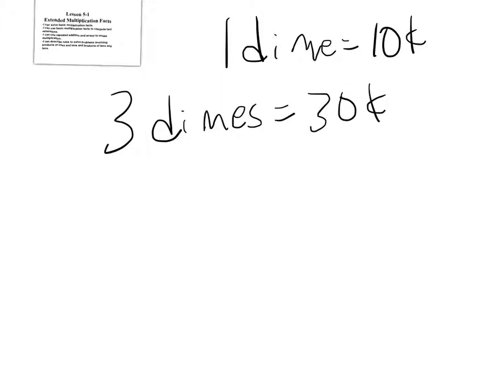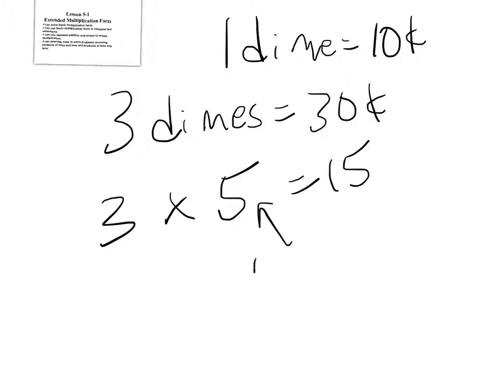So if you had 5 dimes, so say you had 3 times 5 dimes, what would that equal? Would it equal 15? Well, no, because 5 dimes is really 50. So 3 times 5 would be 15, and you put the 0 back on. So if you had 3 times 5 dimes, you'd have 3 times 50 actually. So give you 150 pennies.